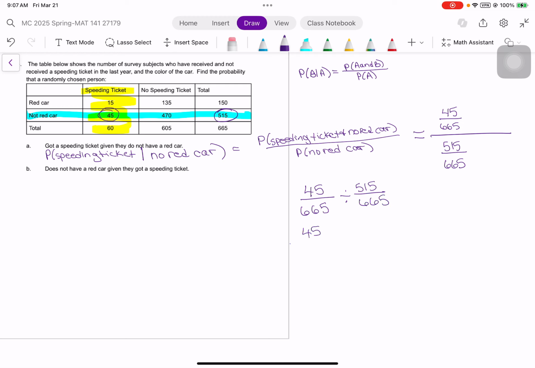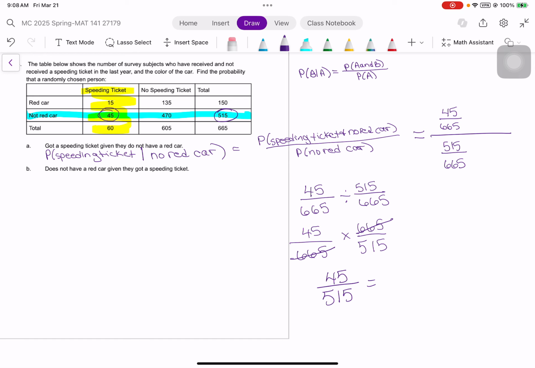And when we divide fractions, we keep the first fraction, change to multiplication, and find the reciprocal of the second fraction. When you do this, you'll notice that these will simplify because anytime we have the same number in the numerator and denominator and we're multiplying, we can simplify those to 1. And so then I would just be left with 45 over 515.